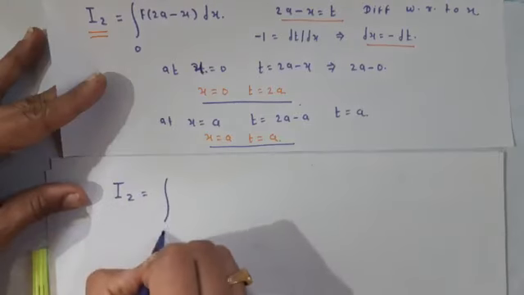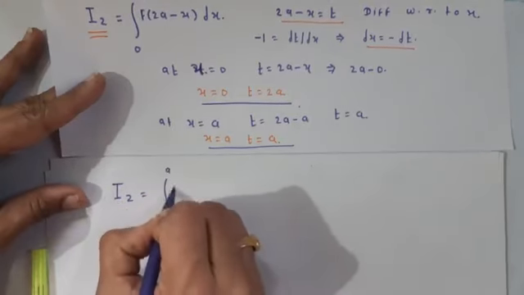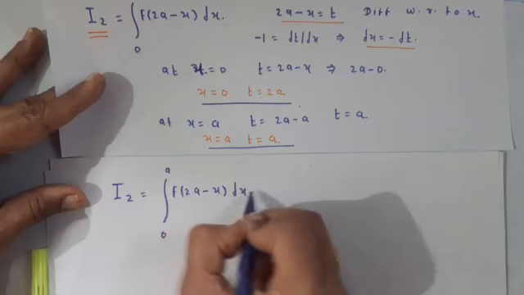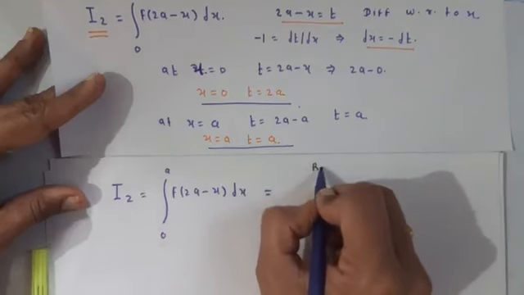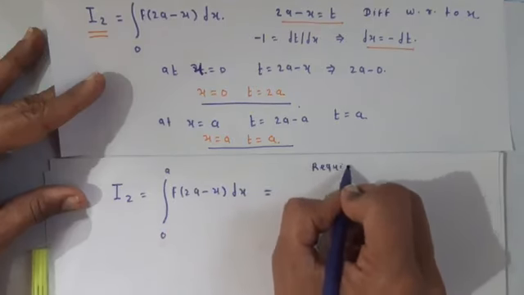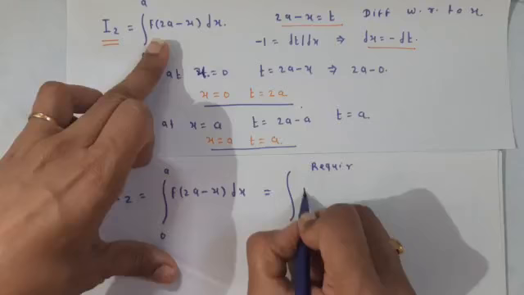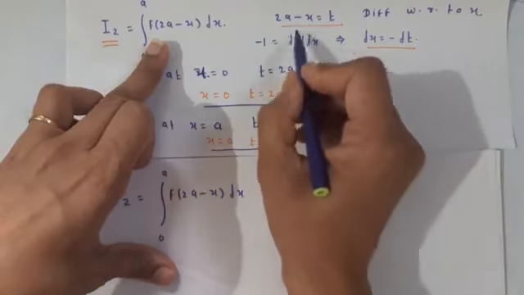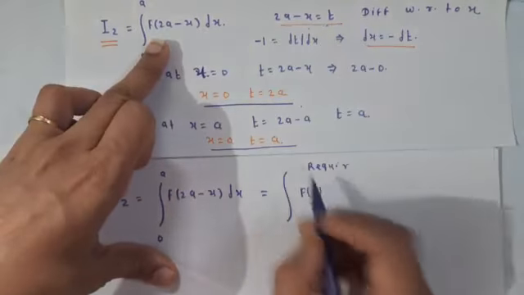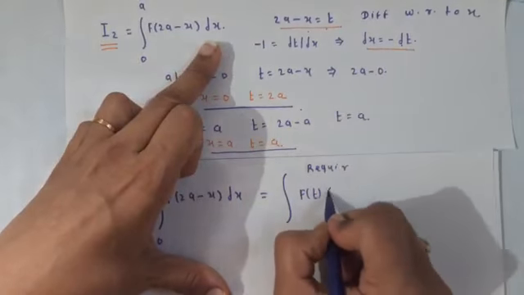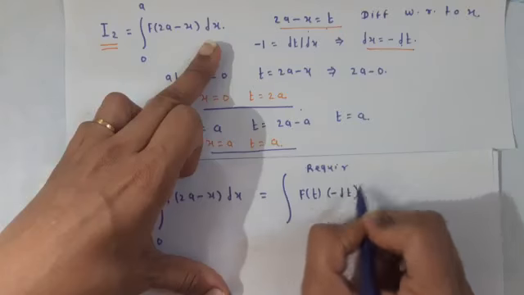I2 equal to the integration from 0 to a of f of 2a minus x with respect to x, and now the required integration is f of t, because 2a minus x equals t, f of t, and dx equals minus dt. This is minus dt.